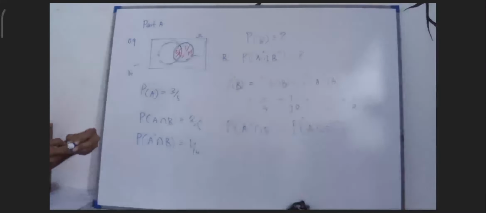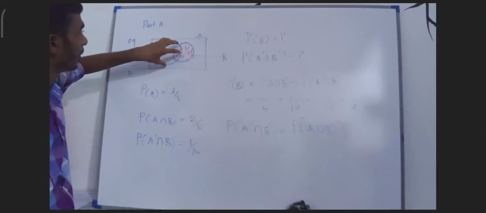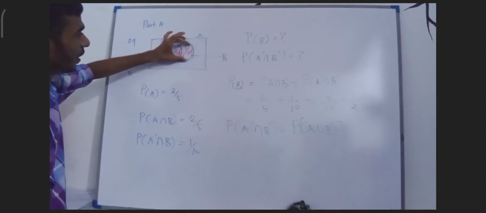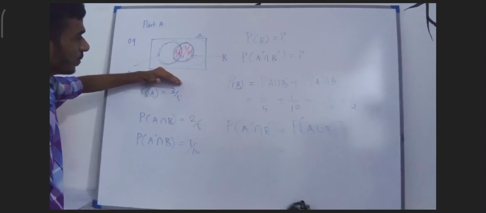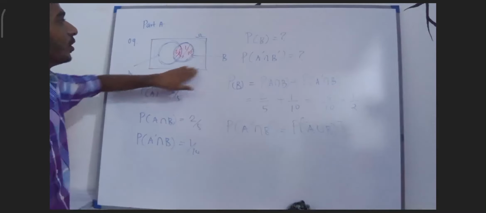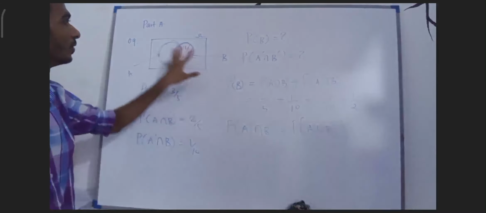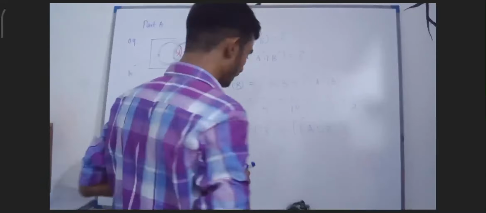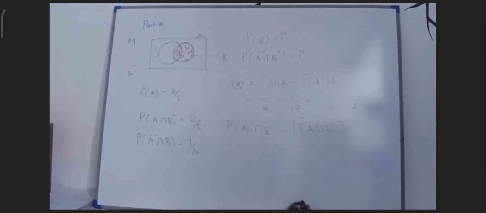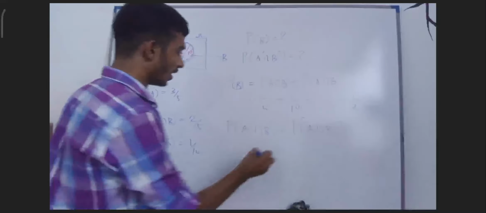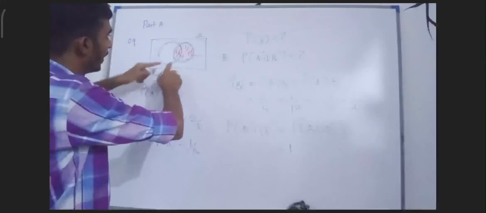Now to find out probability of this area, I can add probability of A and probability of B, then remove the intersection, and from the total probability, I can remove this area. So I can write this as 1 minus, from the total probability 1, I have to remove these two circles.